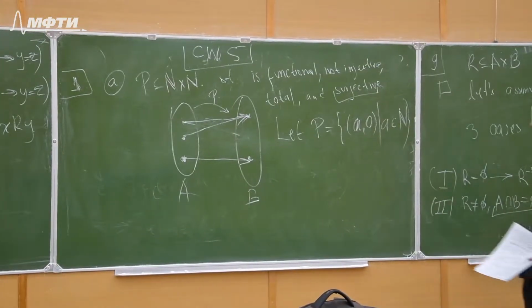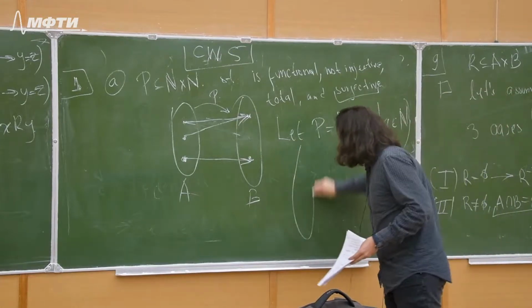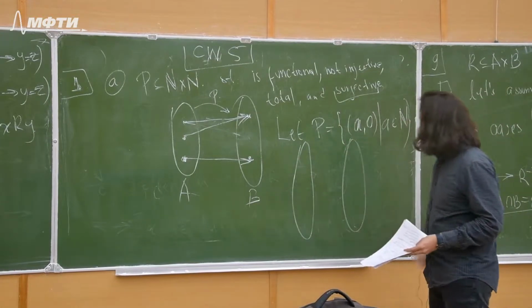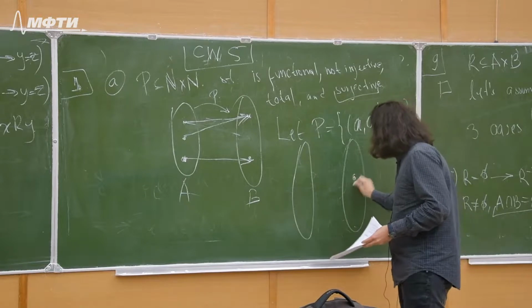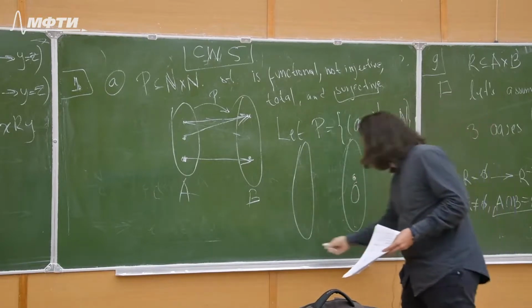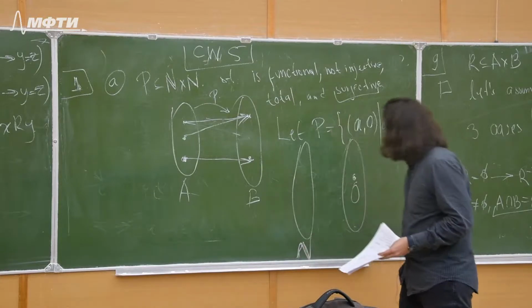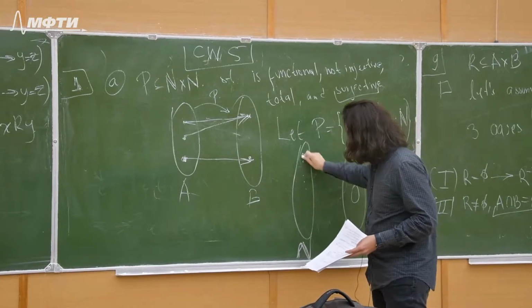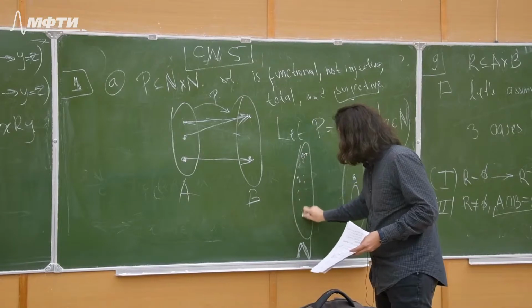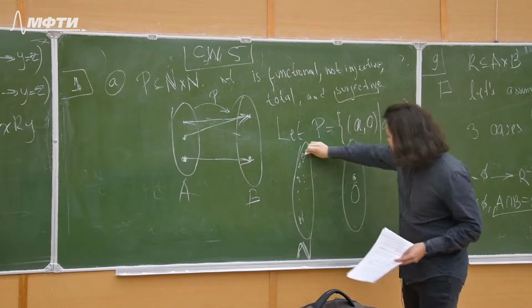So if we draw this here, we have here 0, and we have here the natural numbers. So for each of them, from 0, 1, 2, 3, and so on, n, we have this.